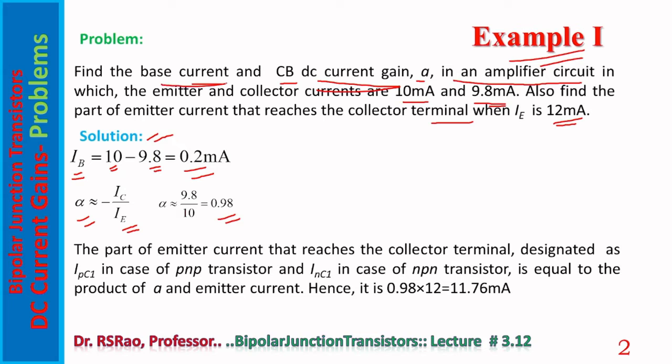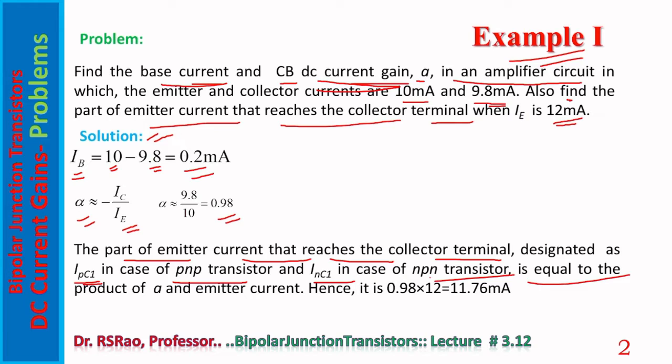So base current was determined, alpha was also determined. Now another part is there in this problem. Find the part of emitter current that reaches the collector terminal when IE is 12 milliamps. The part of emitter current that reaches collector terminal is designated as IPC1 in case of PNP transistor, INC1 in case of NPN transistor.